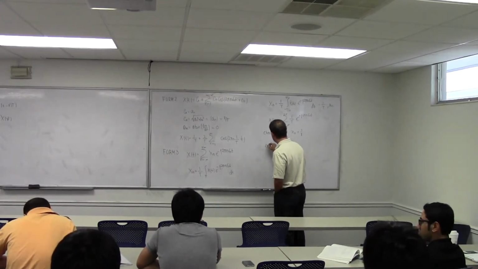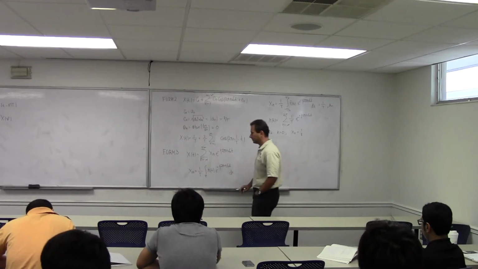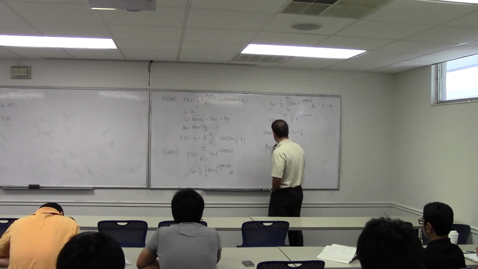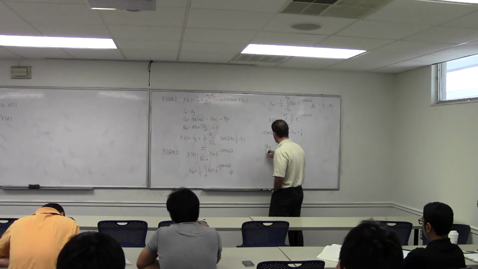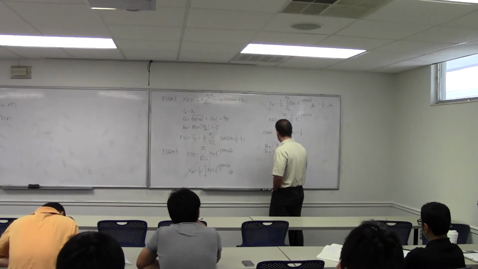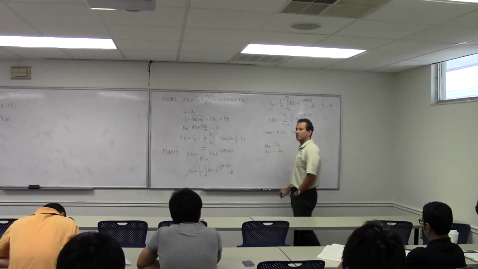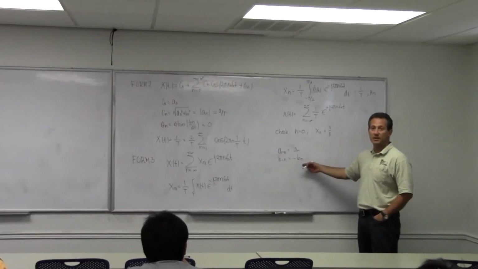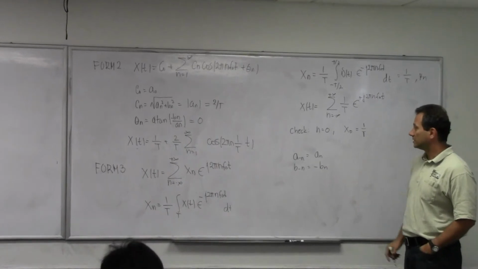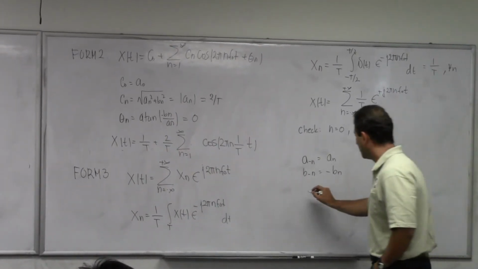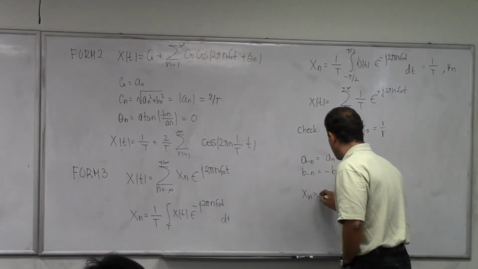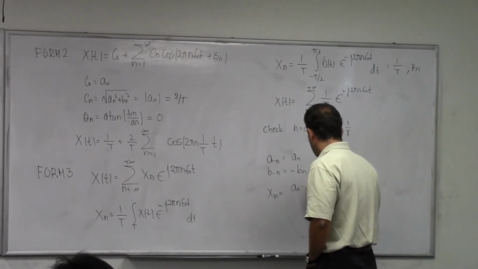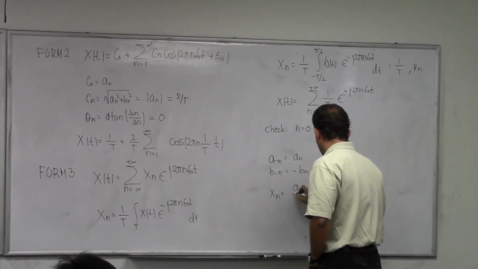You remember we had the formulas a minus n is equal to an, and b minus n is equal to minus bn. Those were the two formulas that we demonstrated last time, right? One of the results. So let's test here. I have xn, the general formula is an minus jbn over 2.